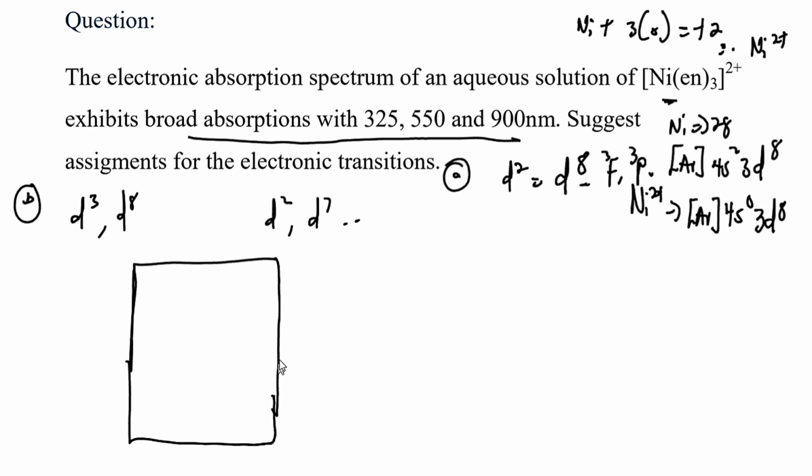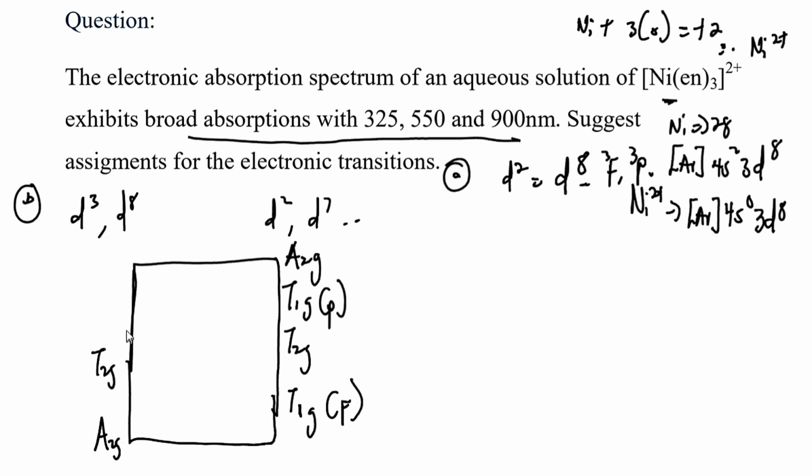The first one is T1G from the F, the next one is T2G, then T1G from the P, and the last one is A2G. Also on the other side, we have A2G, T2G, T1G, and T1G. This T1G is from the P, and this one is from the F.